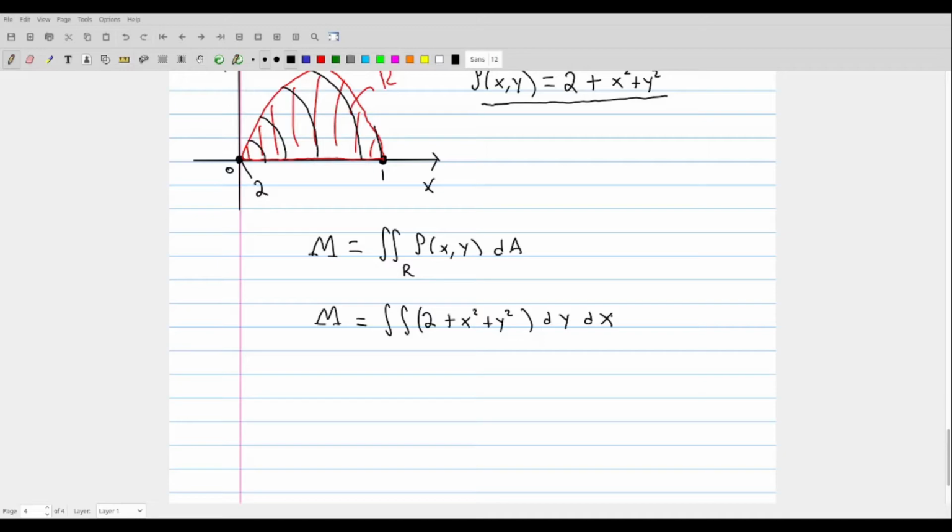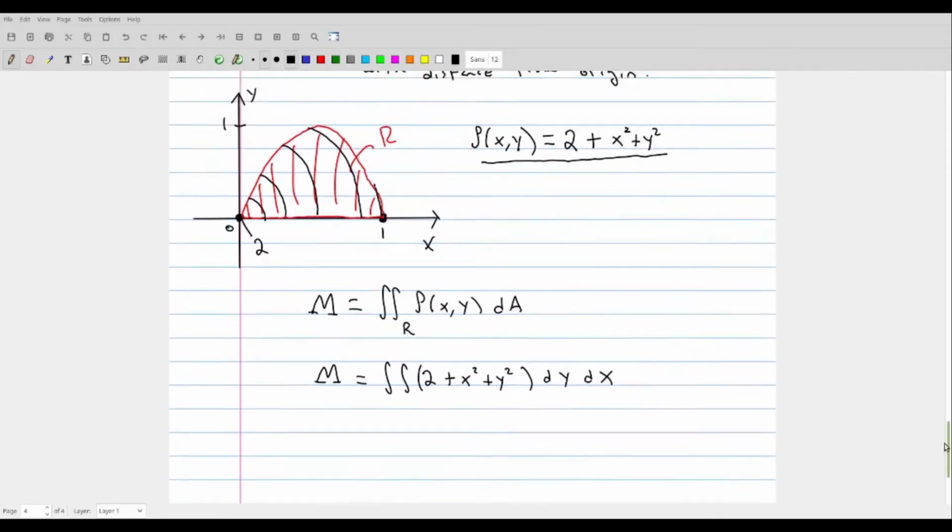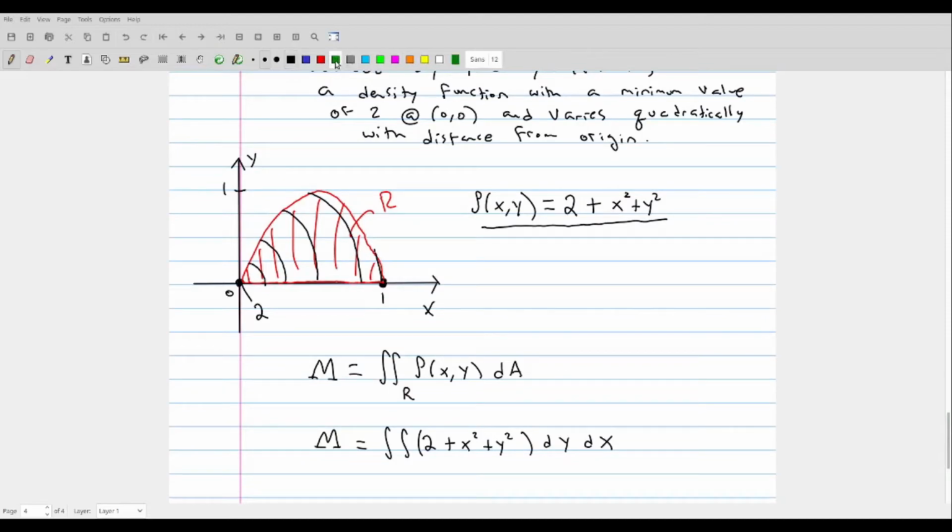You'll get an integral that will come up to the same value that I'll calculate right now. But I'm going to go through and just do this integral in Cartesian coordinates. That way you can see that. So the idea is that the bounds of this region are going to be for x from 0 to 1.